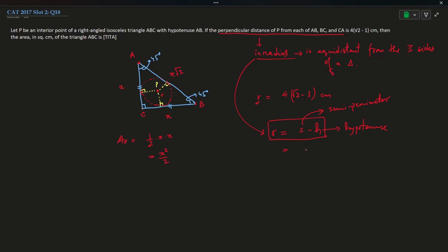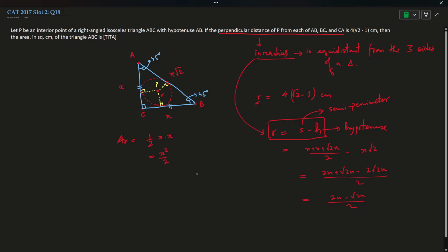So what is s? I can say x plus x plus root 2x by 2, minus x root 2. This will become 2x plus root 2x minus 2 root 2x by 2, which becomes 2x minus root 2x by 2.